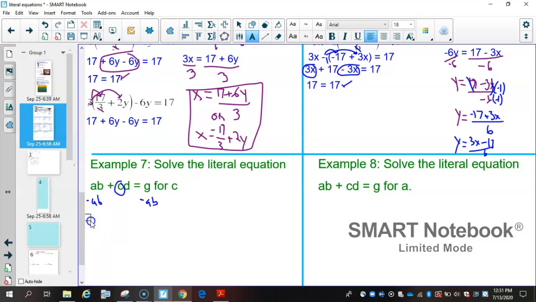So we're left with CD equals G minus AB. Now again, just like all of the other examples, G and AB are not like terms, so we cannot combine those two.